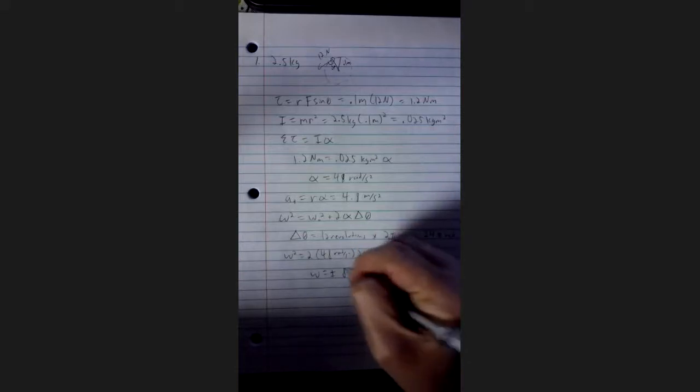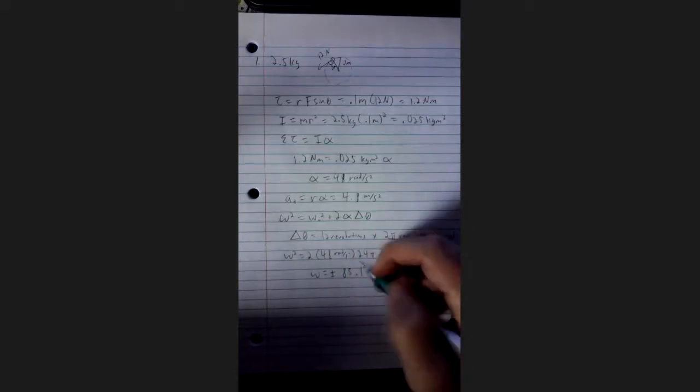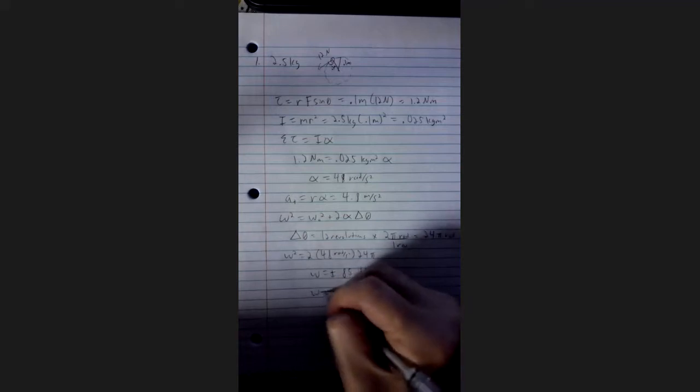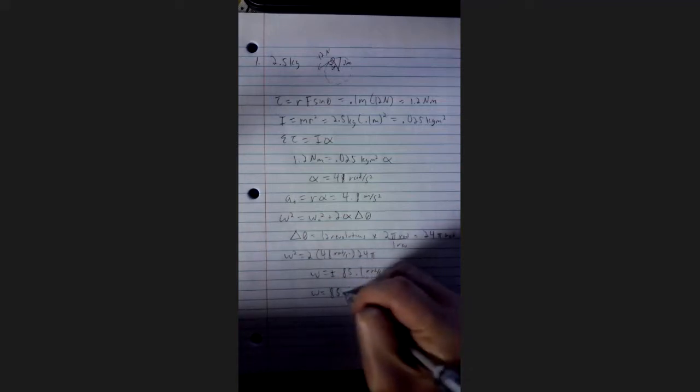So if we take the square root, then we can see that our angular velocity is plus or minus 85.1 radians per second. Our angular acceleration is positive, which means that since we started from rest, our angular velocity should be as well. So it's positive 85.1 radians per second.